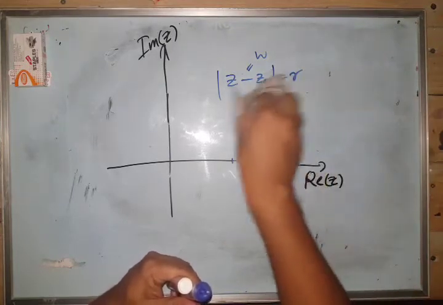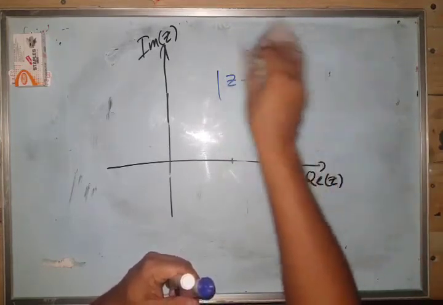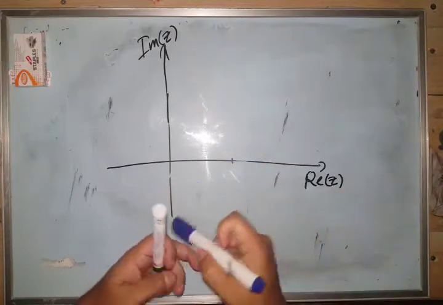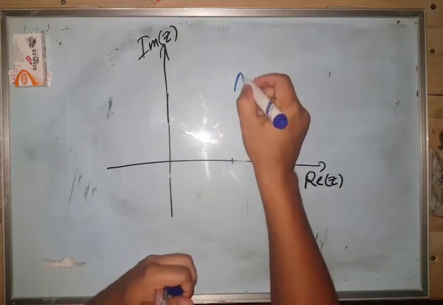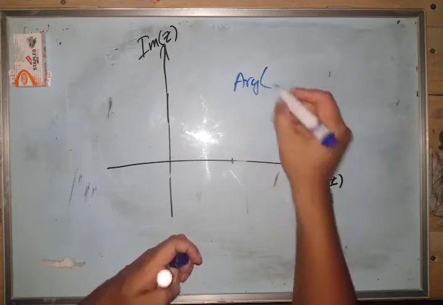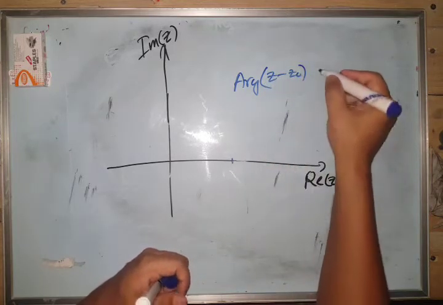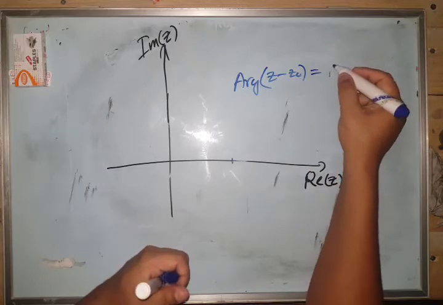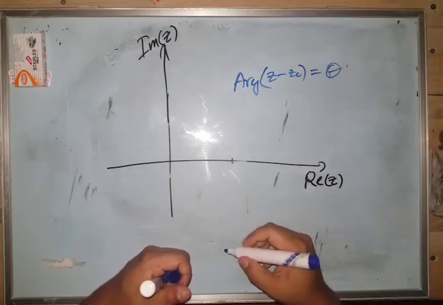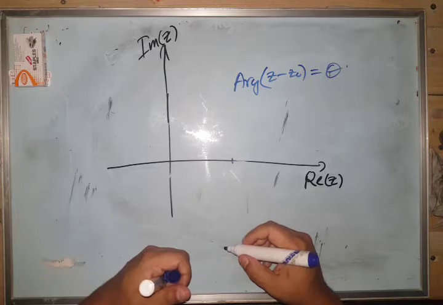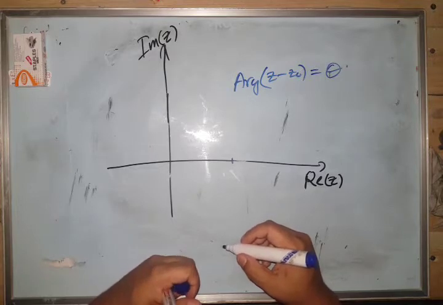This is the first type, and the other type is the argument of z minus z naught. Argument of z minus z naught is equal to some angle, right?